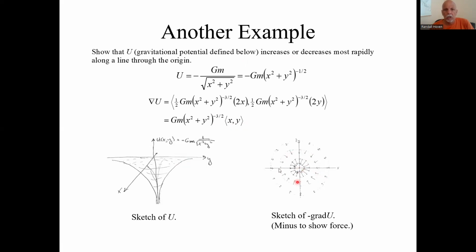And actually what I drew here was minus this, because that would be the direction of gravitational force. When I do minus this, they point towards the origin, and they get bigger the closer you are to the origin. As x and y approach 0, because it's raised to a negative power, I get bigger and bigger numbers. So it's really big. And you can kind of see that the slope of this thing gets really big the more inward you go.